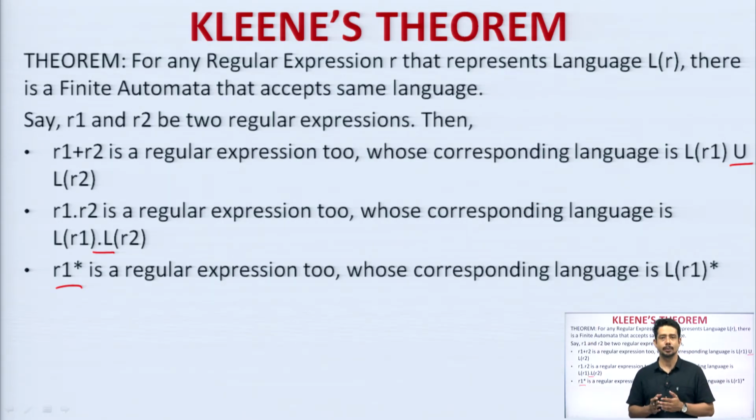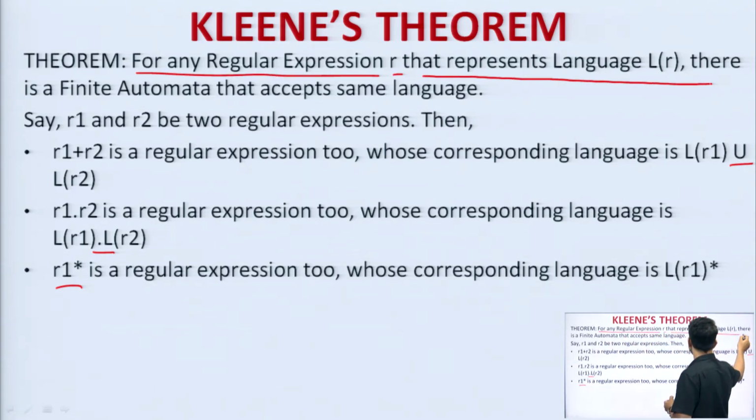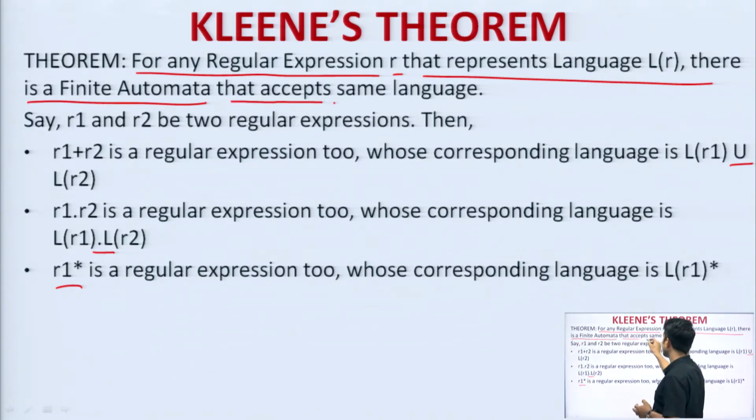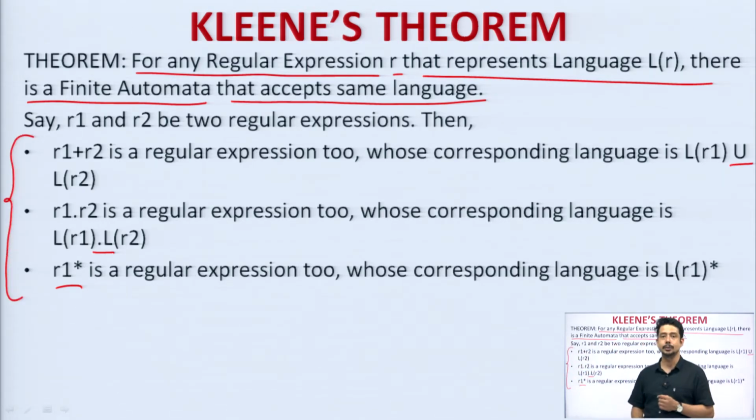Nothing much to say, because Kleene's theorem says that for any regular expression R that represents language L of R, there is a finite automata that accepts the same language. This is the general theorem for Kleene's. But based on this acceptance, these are the three preliminary operators that are used, that is union, concatenation and Kleene closure. So, this is all about Kleene's theorem.